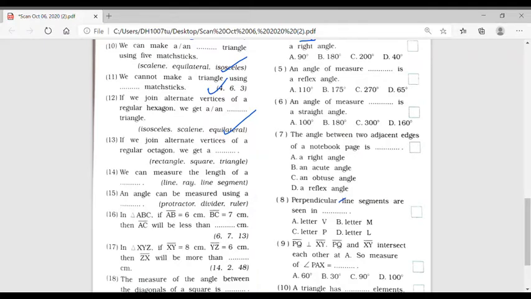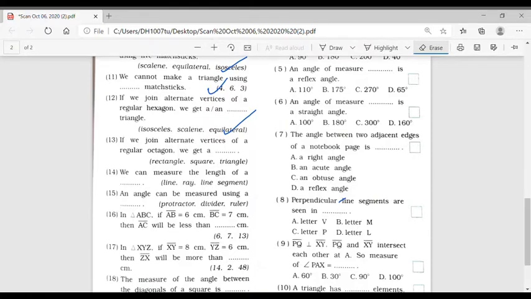Yes, children, in octagon there are 8 sides. We are going to join vertices. Then what will we get? Obviously, a 4 equal sided closed figure is called square. If each and every side has equal measure, then we will get square. So you will put tick mark to square.